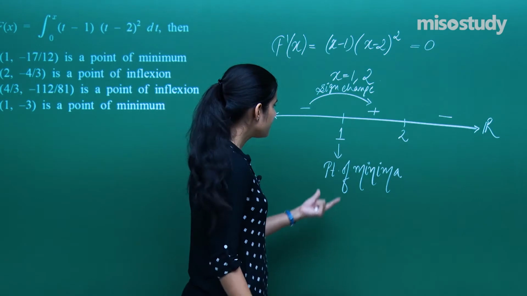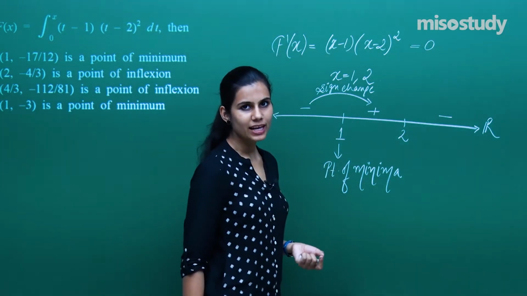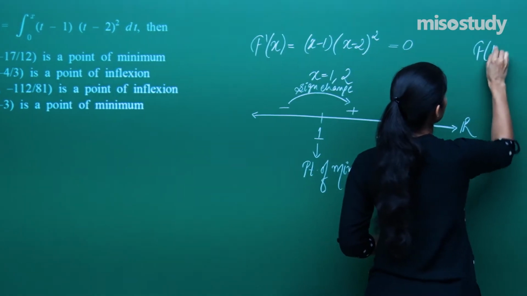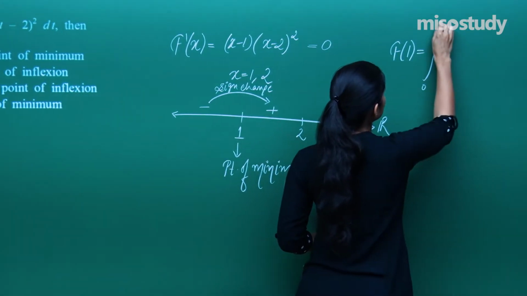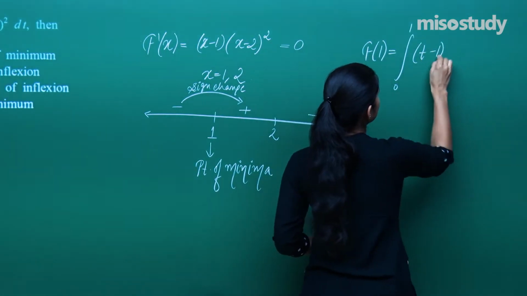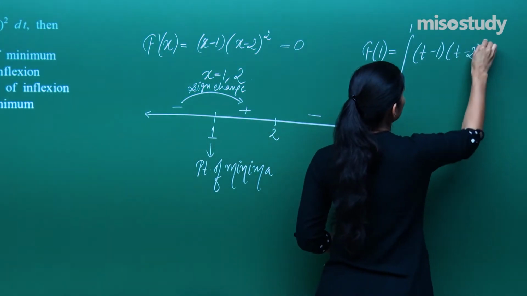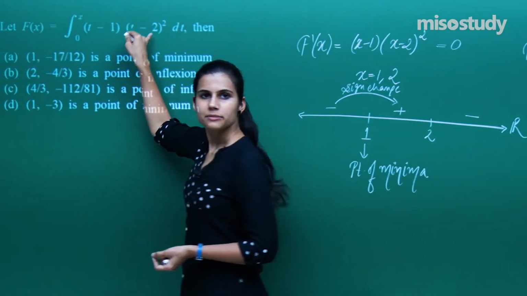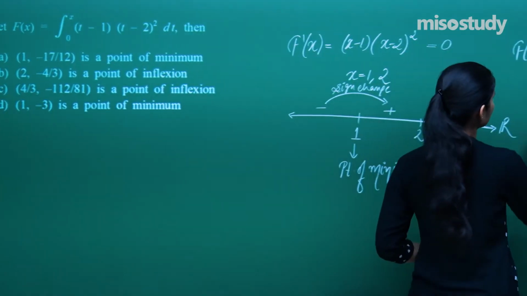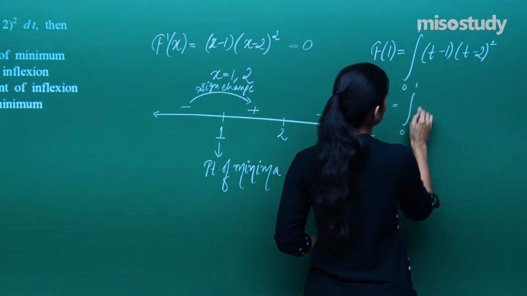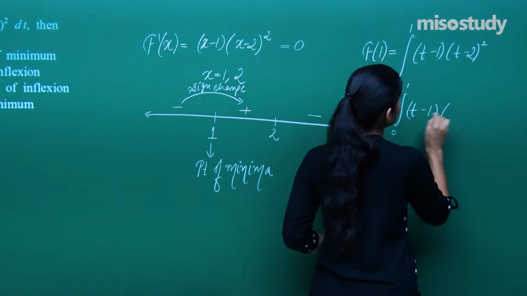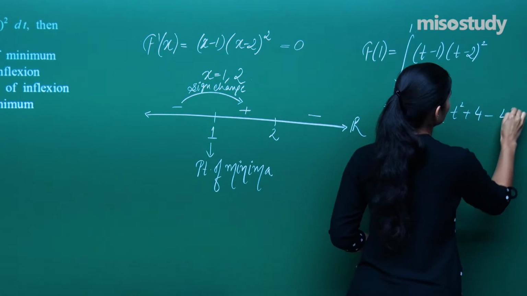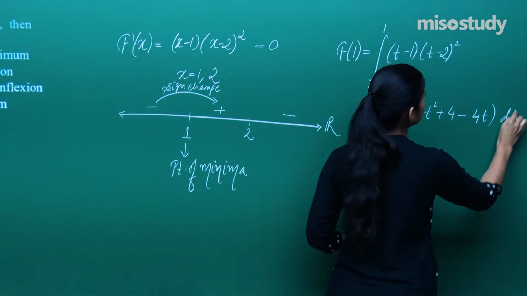Right? If this is a point of minima, what is the minimum value of the function at this point? It is given by f of 1. f of 1 is integral 0 to 1 (t minus 1)(t minus 2) whole square dt. Evaluate this, what do you get? (t minus 1) times (t minus 2) whole square, which is t square plus 4 minus 4t, dt.